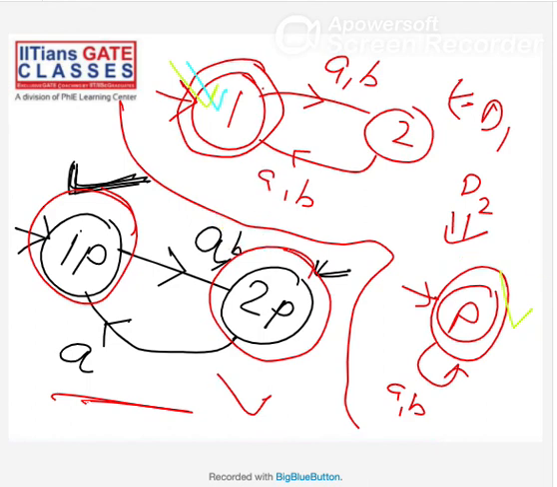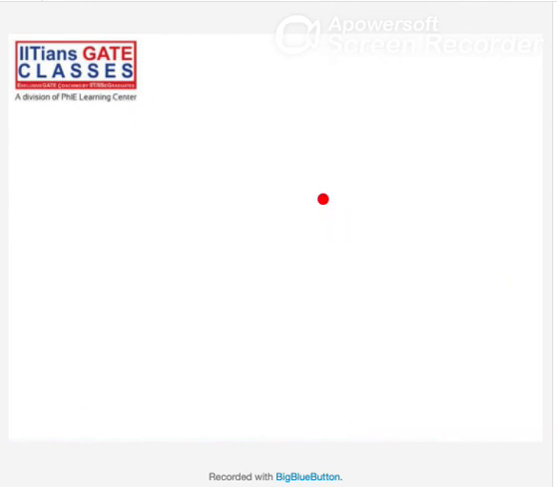Anyway, this is how you can make the product automata, and you can use it to find the DFA for L1 union L2 or the DFA for L1 intersection L2. Very easily you can do. This is your product automata construction.